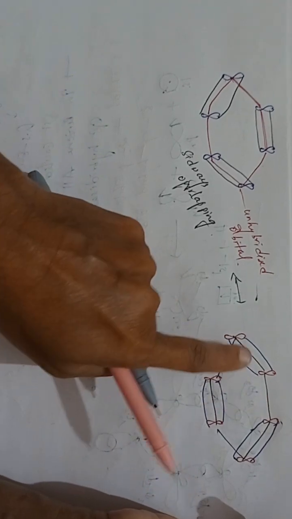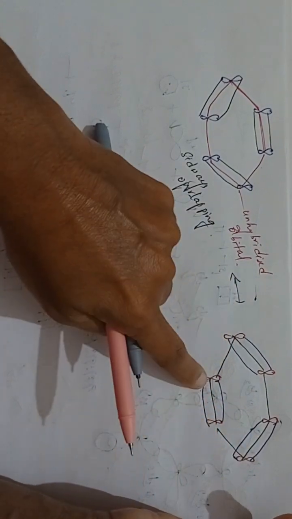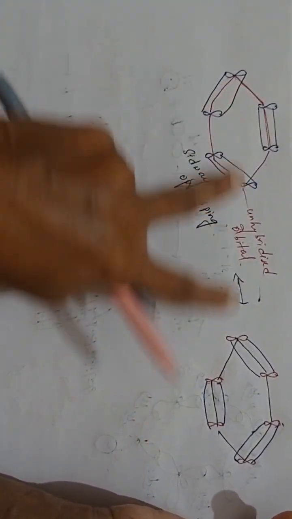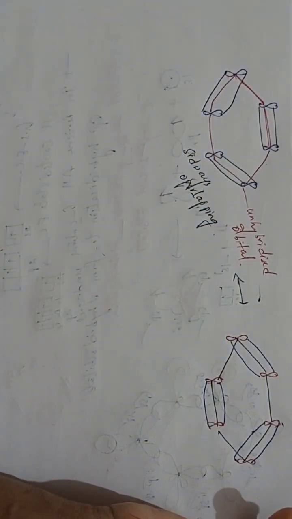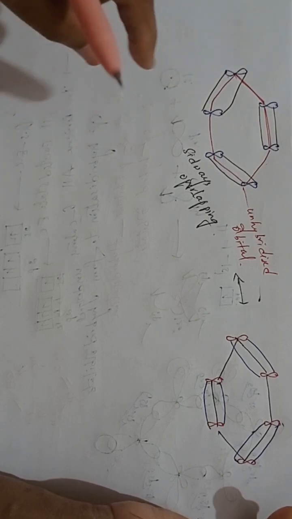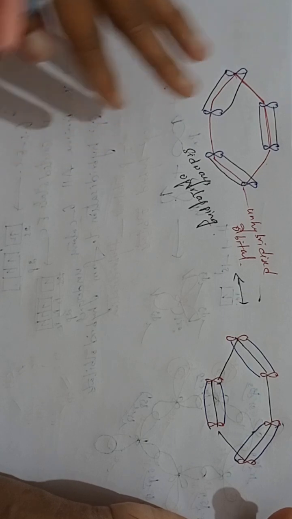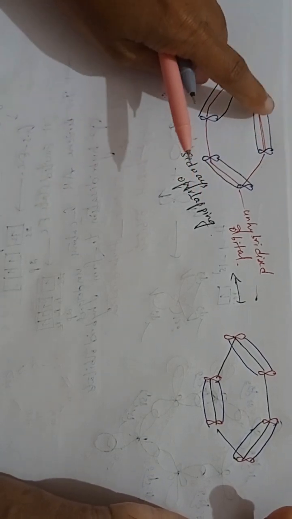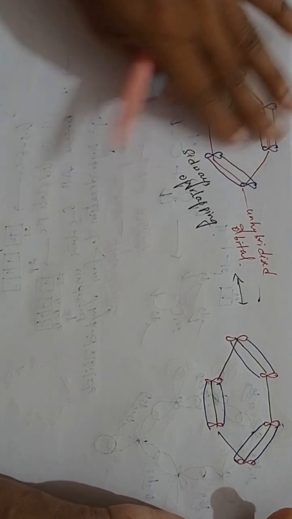But the pi electrons move freely, in two different ways of structures. So the pi electrons can move freely about the 6 carbon nuclei, and this pi electronic cloud is above and below the plane of the ring.